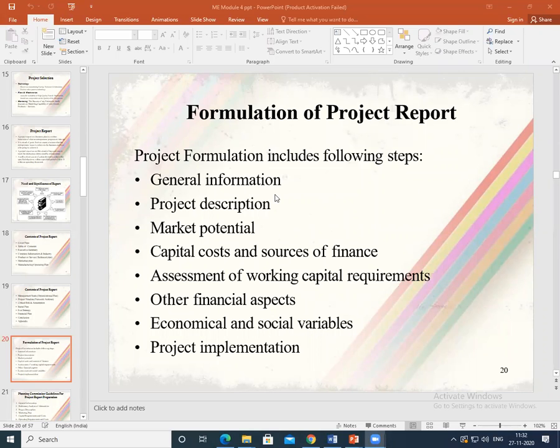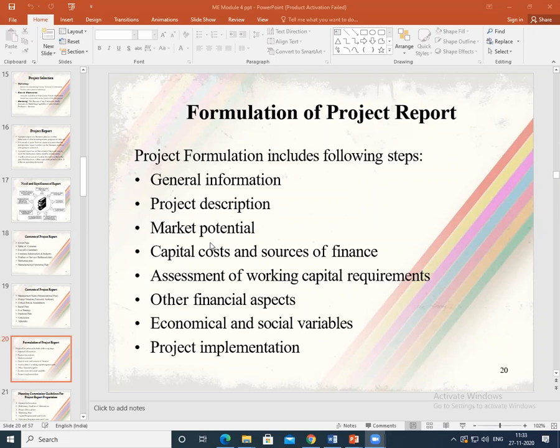So general information basically consists of the basic introduction part, that is, what exactly the functional and non-functional requirements of a particular system are all about. The project description covers the basic objective of the project and the area or domain where it exists.